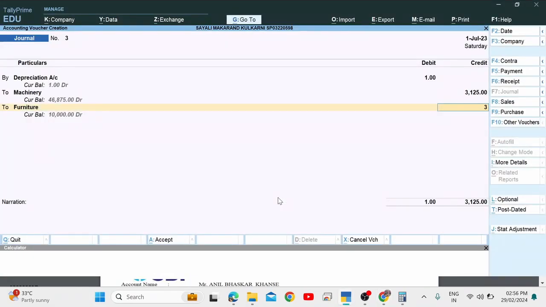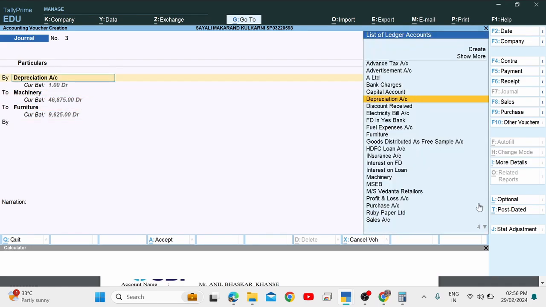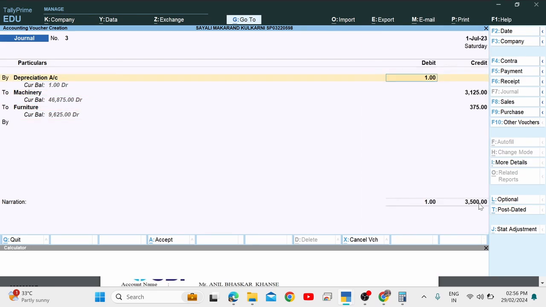Right here 375, and then you will get the total. See, our total is here 3,500. Then go back here with the backspace button, enter 3,500. Like this, we can finally pass this entry.